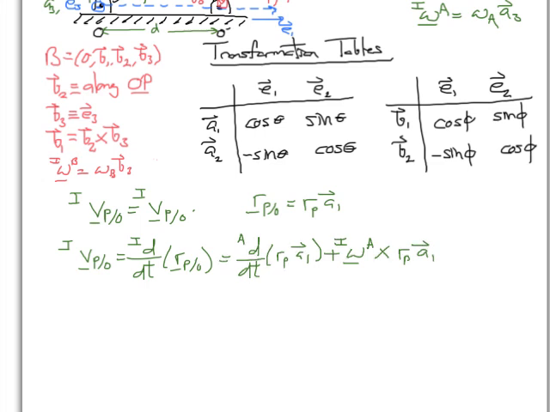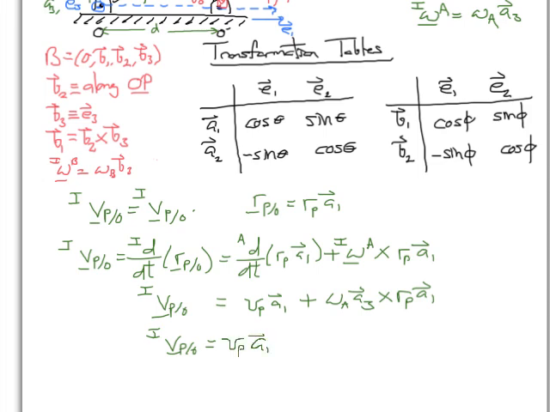Now differentiating this first term, we get the velocity or speed v sub P in the A1 direction plus omega A A3 crossed with r sub P A1. And then the final expression is v sub P in the A1 direction plus the scalar r sub P omega A in the A2 direction.